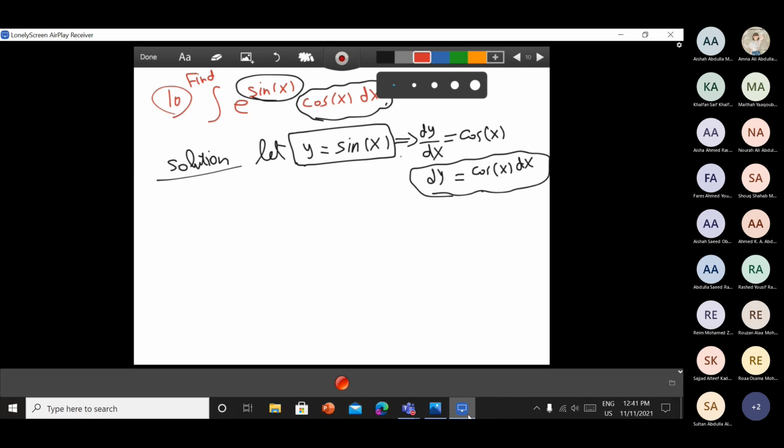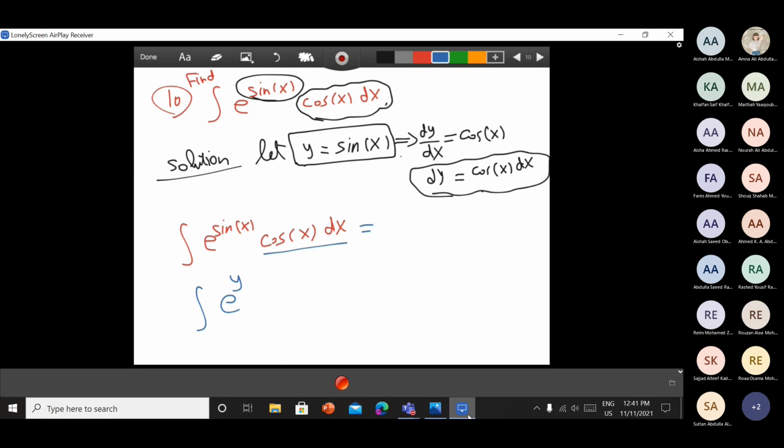Now, the integration of e to the sine x cosine x dx will equal e, with y instead of sine x, and dy instead of cosine x dx. Now this is a normal one in the table.